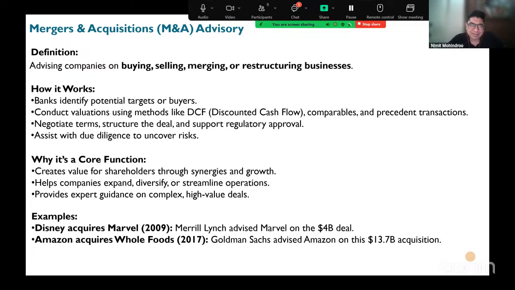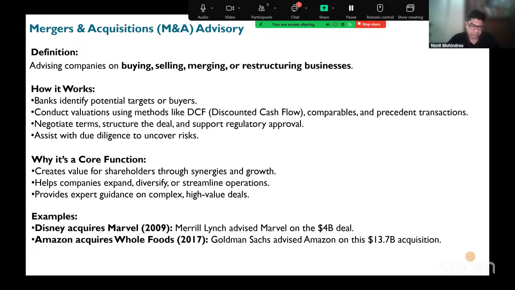So mergers and acquisitions: the role an investment bank plays is advising companies on buying, selling, merging or restructuring businesses, or buying other businesses. So how does this work? A bank or a company identifies a potential target or buyer.